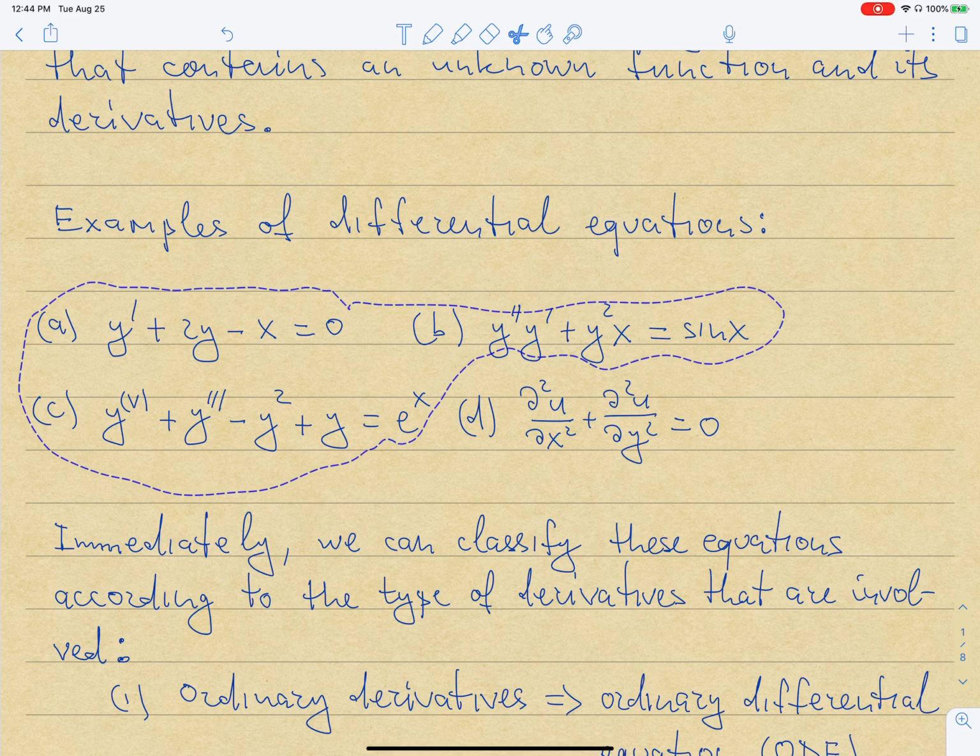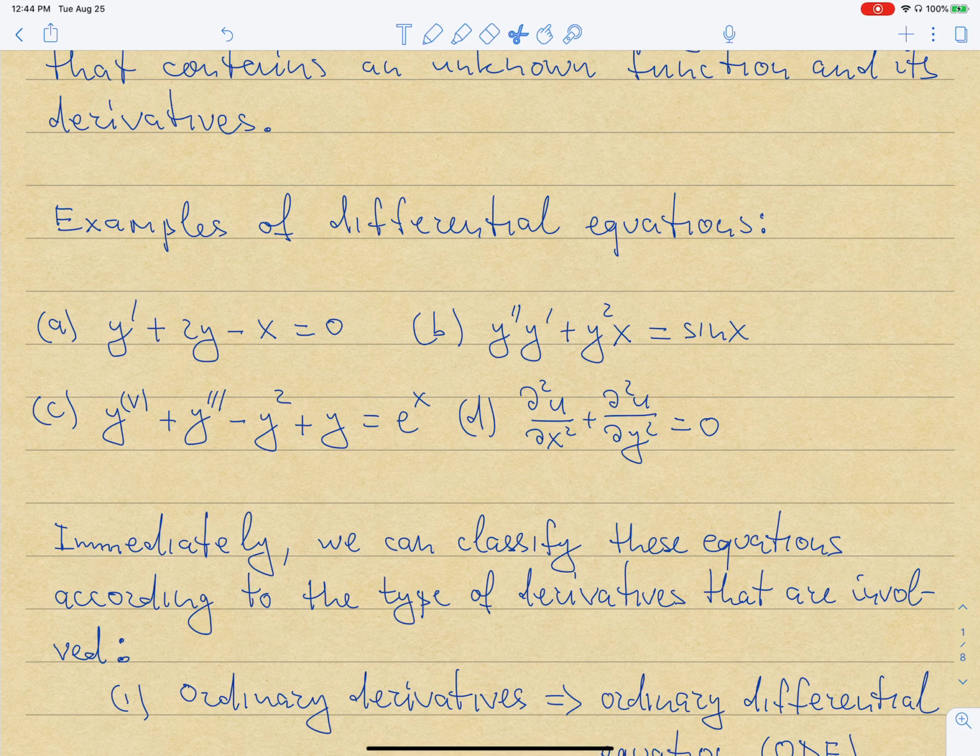We can see that the highest order of a derivative that appears in our ODEs is different. In case A, the highest order of a derivative is 1. For equation B, the highest derivative that appears is y double prime, and for C, it's the fifth derivative.